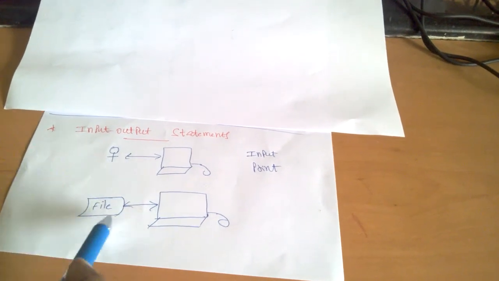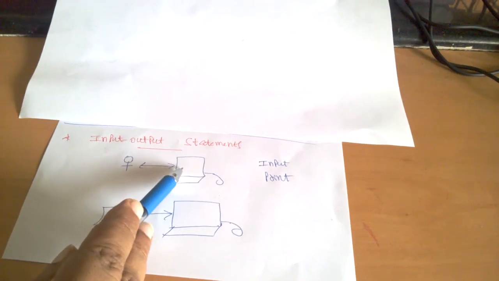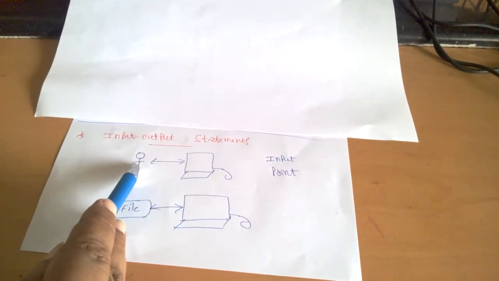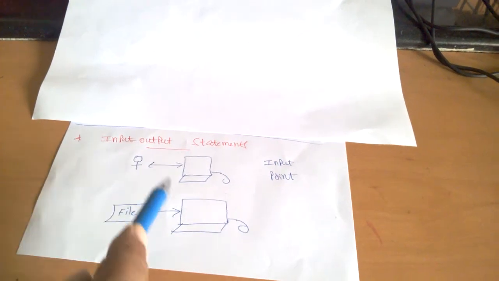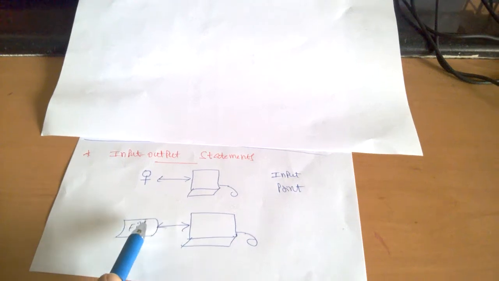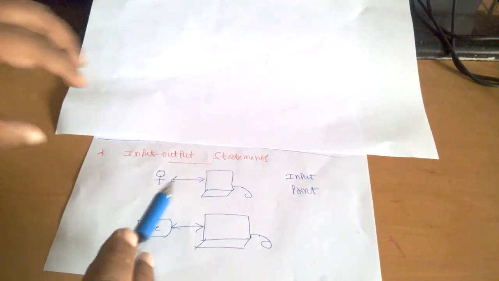Let's stick to human and file. So if you input information to this, that is called input operation. If computer wants to give you some information on a screen, okay, that's an output operation. Similarly, input from a file, reading from a file, and putting the result back into a file. So these are called input output operations.